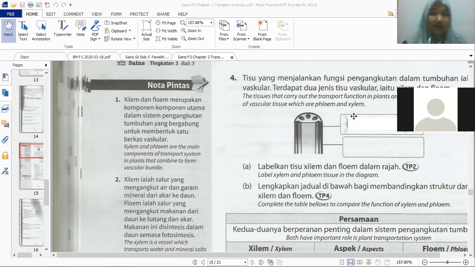Yes, it is xylem, correct. Why? Because you must remember, xylem is always a bit more inside, but phloem is outside of this vascular tissue. Not exactly outside, it is still there, but the one near the center must be xylem. After that is phloem. This one is xylem.